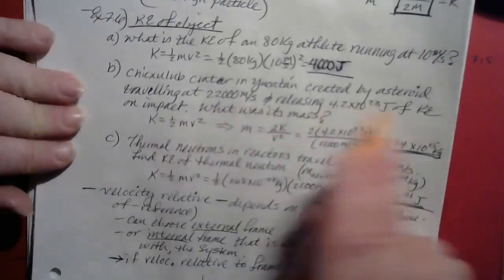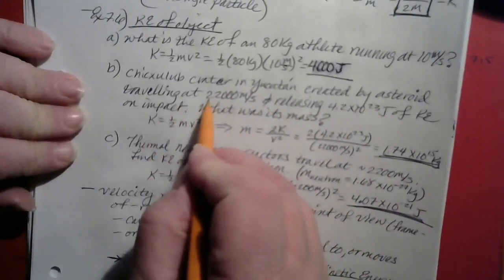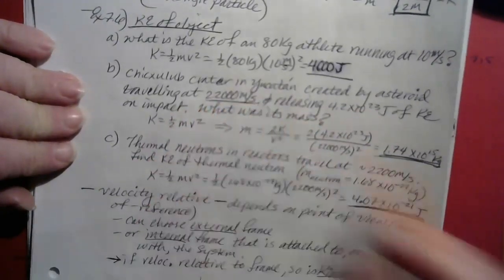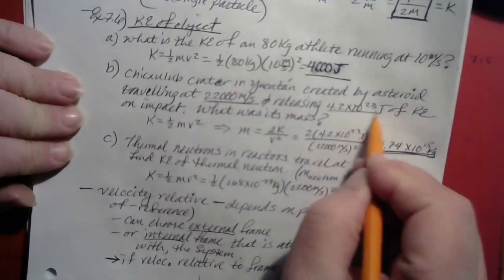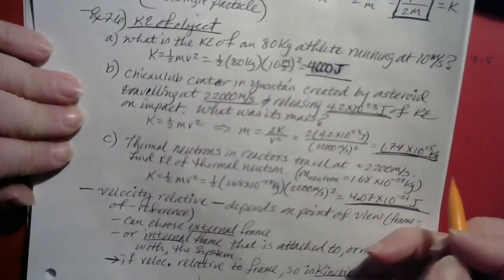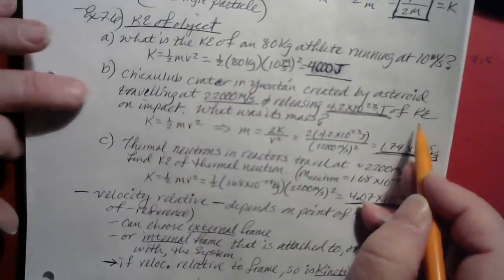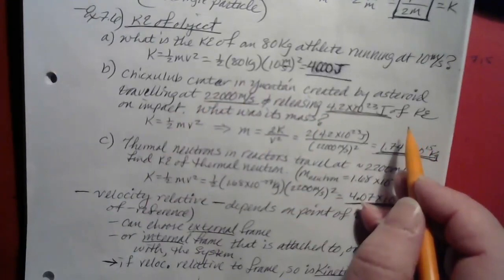Anyway, the asteroid was traveling at an estimated 22,000 meters per second, and it released something like 4.2 times 10 to the 23rd joules of kinetic energy on impact.